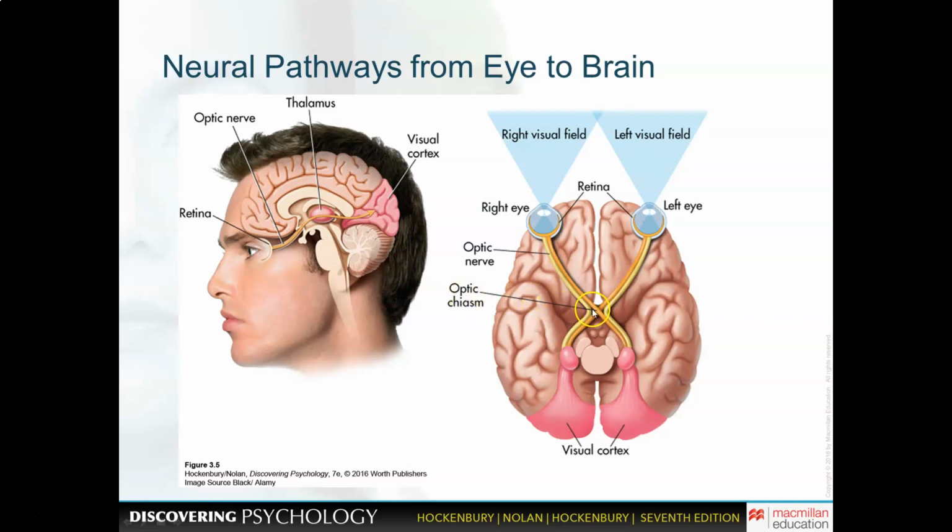That is how you pronounce it, the optic chiasm. That is where our neural pathways cross from our eyes, the left going into the right and the right crossing over into the left part of the brain, into the visual cortex. So that's how our neural pathways work when we are visualizing.